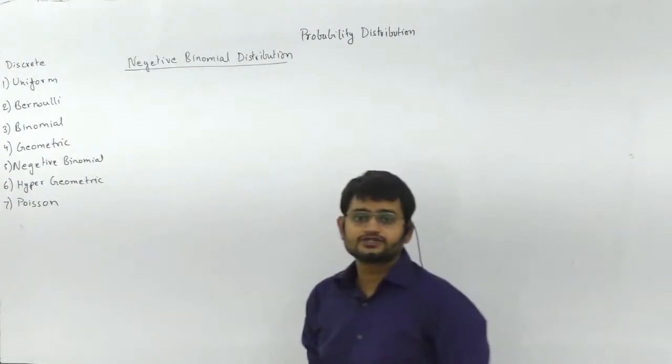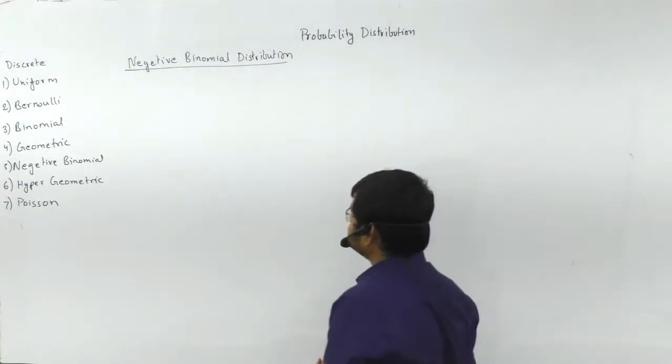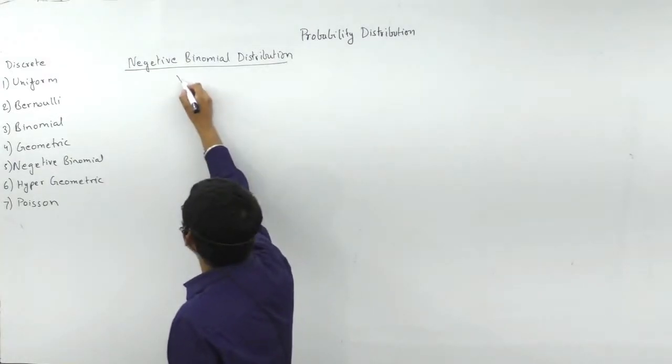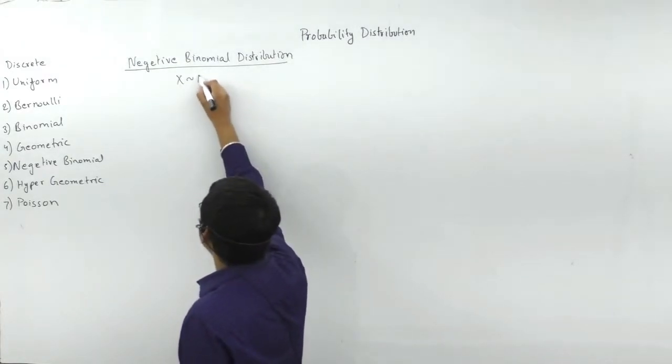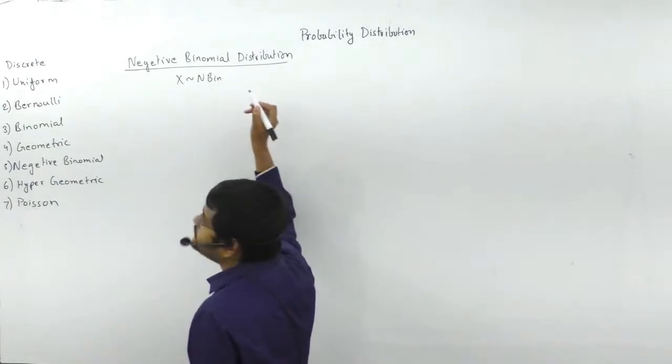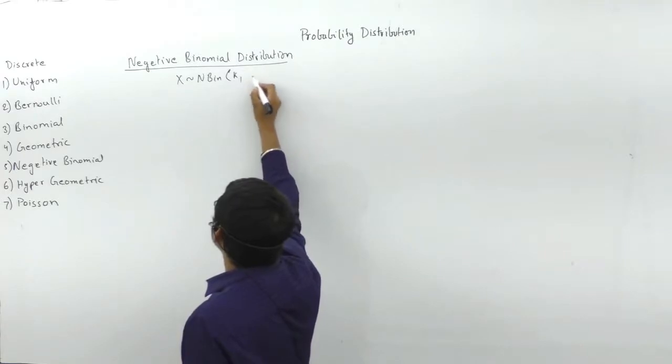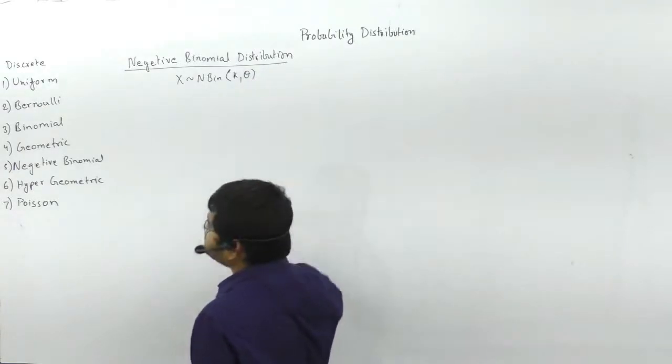Let's go to the next distribution, negative binomial distribution. We write it as X follows NBin, for negative binomial, and we have 2 parameters, k, comma, theta.